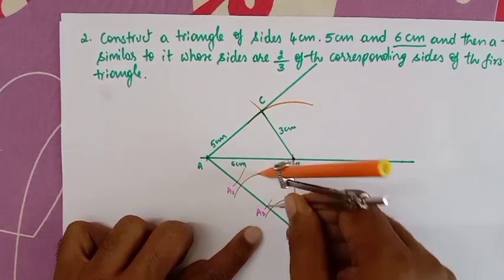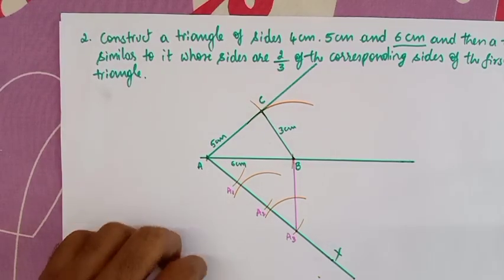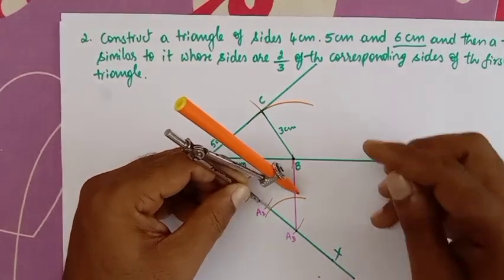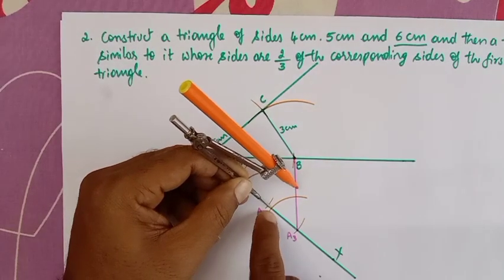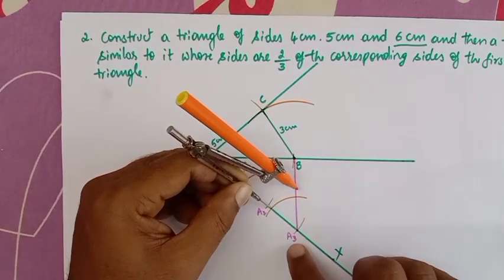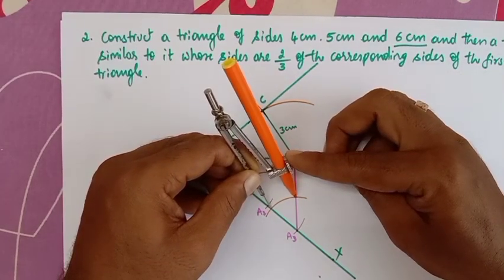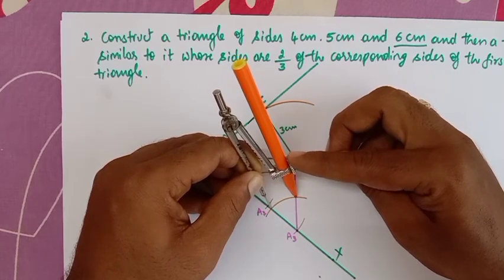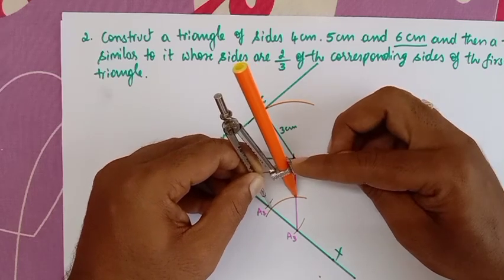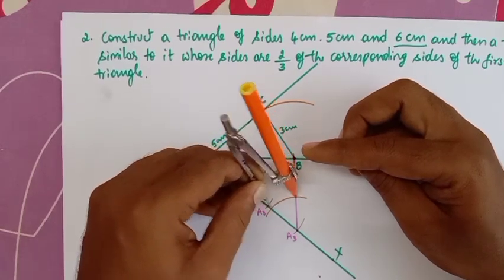We should cut another arc in the same manner as we drew from A3. Then we should take the compass and the pen and adjust it to the length, to the point of intersection of the line and the arc we drew from A3. We should be very careful while adjusting this, because if we make a small mistake, our problem definitely continues. Yeah, we got it.